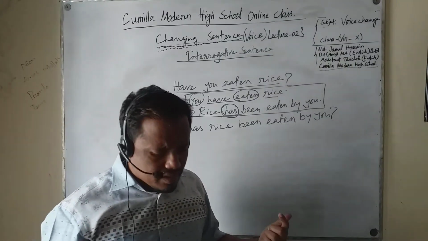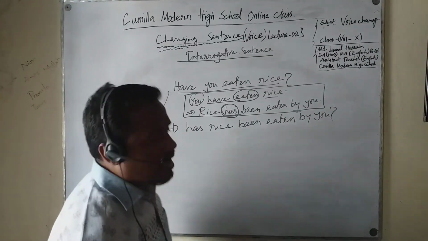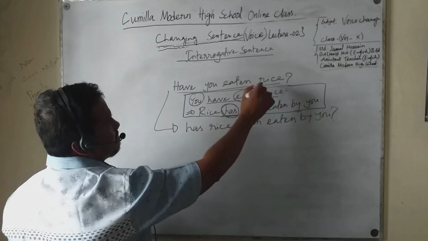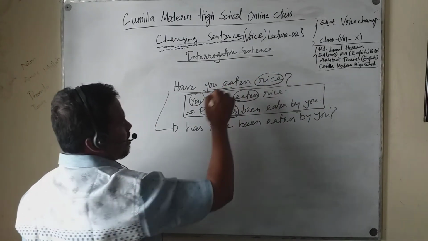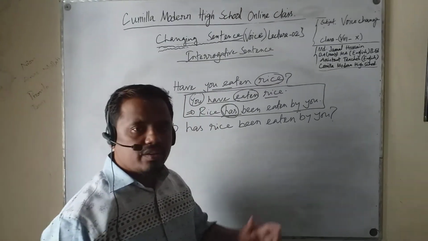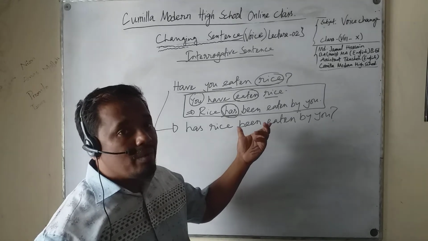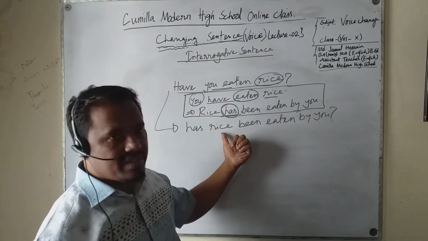Or if you are able to do the same, do it very quickly. Rice is the object here, and it is in present perfect tense. So the be verb for the passive voice here will be have been or has been, and you have to use has been with rice.